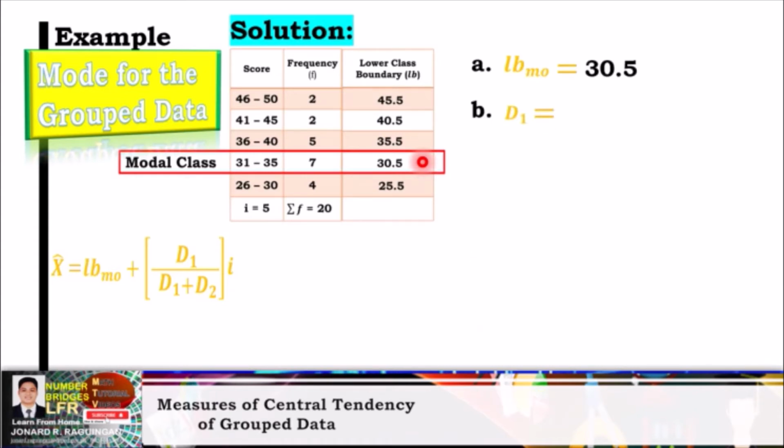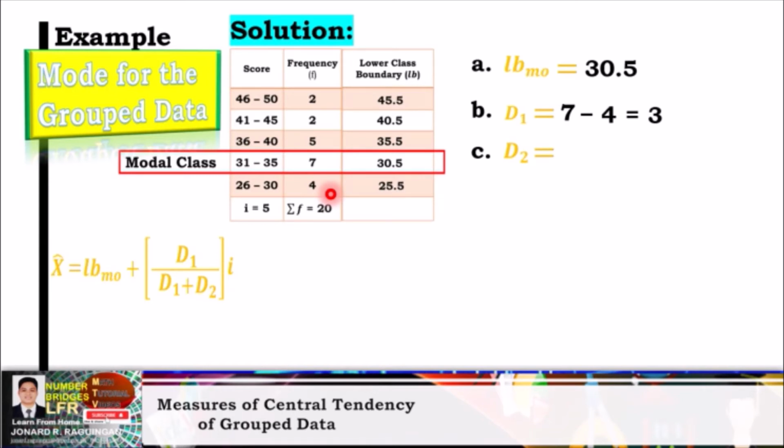Then, identify the value of d sub 1. Your d sub 1 is the difference between the frequencies of the modal class and the next lower class. That is 7 minus 4, which is equal to 3. Then, compute for the value of your d sub 2.